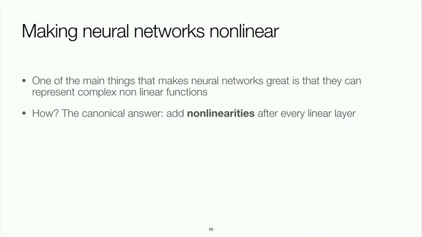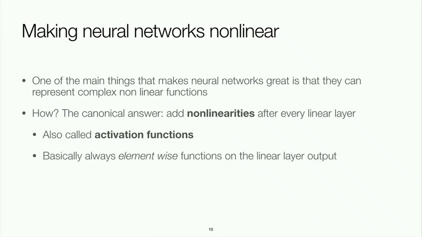So instead of going x, linear layer, linear layer, linear layer, so on and so forth, we're going to go x, linear layer, but then nonlinearity, before we go into our next linear layer and then nonlinearity, and so on. These nonlinearities are also sometimes called activation functions. I believe this term is biologically inspired by neurons in your brain and how they activate, but that is something people also call them. These nonlinearities or activation functions are basically always element-wise functions.